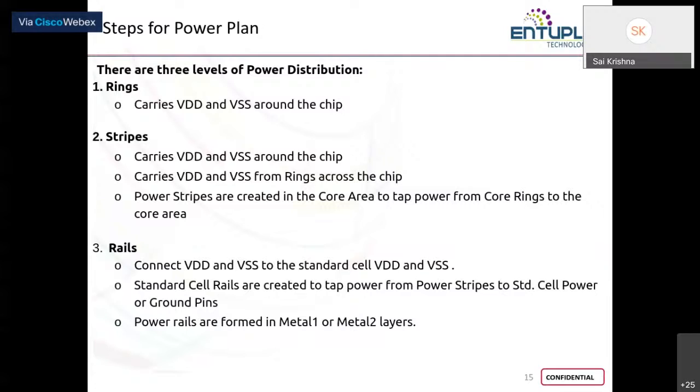All the pins and rails are made up of metal 1. So you will have to connect the highest metals, with which you have made your rings and strips, to the lowest metal, metal 1, with which you are going to create a rail.